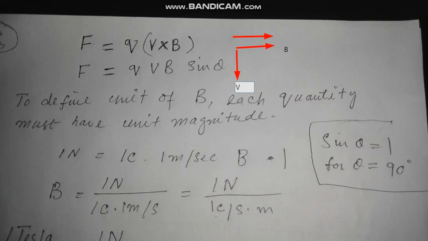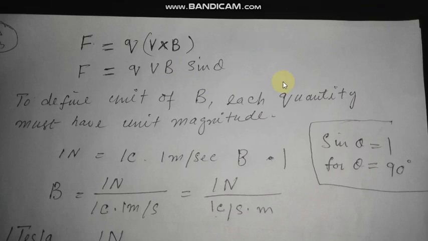Now in this case, v and B are perpendicular to each other, so the angle is 90 degrees, and the magnetic force acting on such a charged particle will have its maximum value. This magnetic force will have its maximum value acting on charge q moving with the velocity v in a magnetic field of strength B at right angles to the magnetic field. In such cases, the magnetic force will be maximum and its value will be equal to qvB.